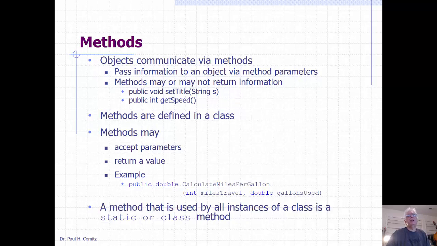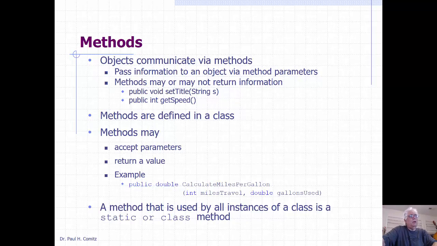So the methods are defined in the class, and the methods may accept parameters. They may or may not return a value. Here, void, it does not return a value. Here, int, it does return a value. Here's an example method: public double calculateMilesPerGallon.